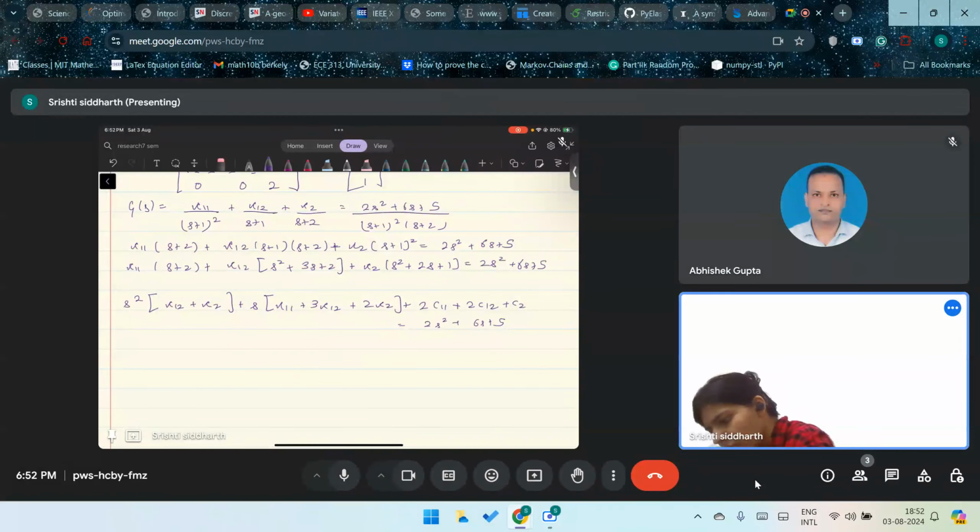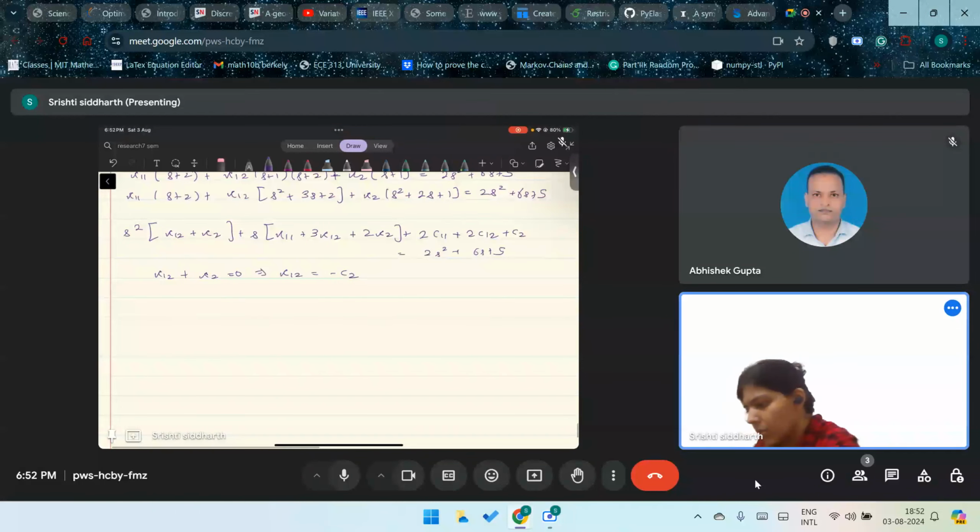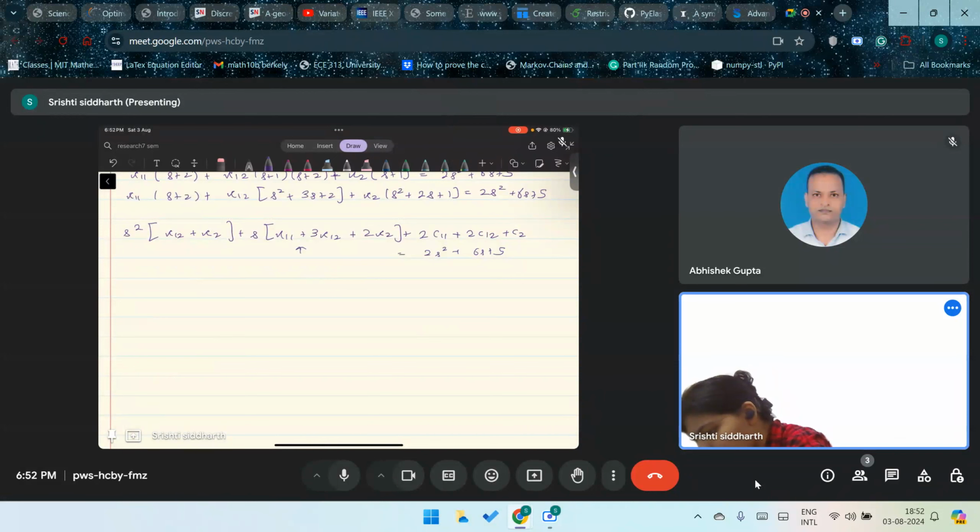Okay, so C1 plus C2 equals 0. I have seen this before. For this, alright, this is not the case this time. We have C12 plus C2 equals 2. So we have C12 equals 2 minus C2. This is different from the previous cases of repeated eigenvalues.